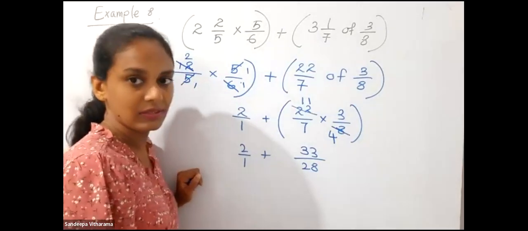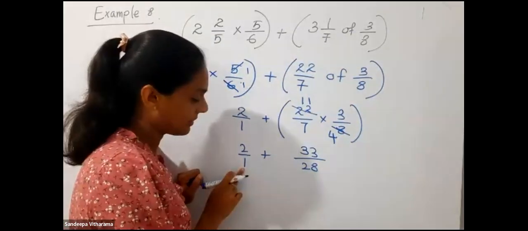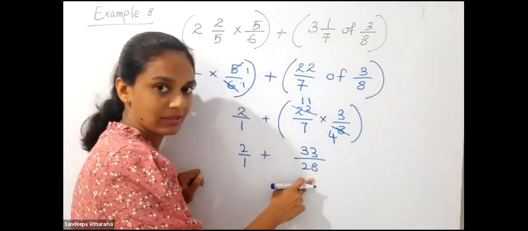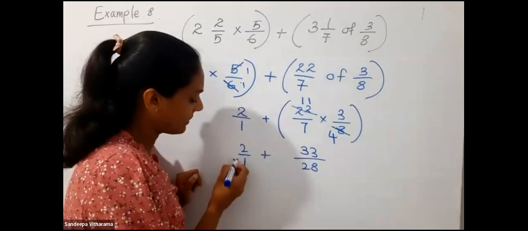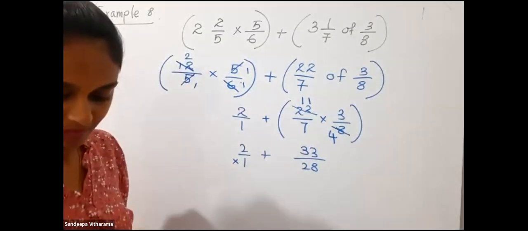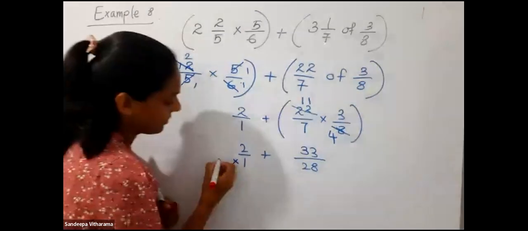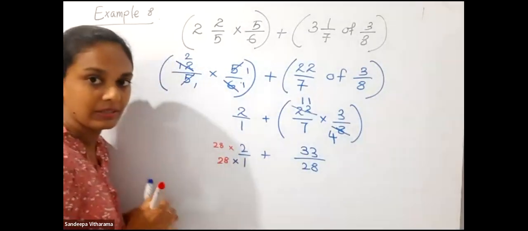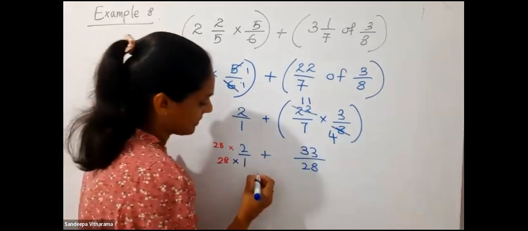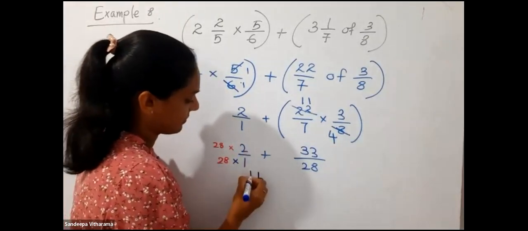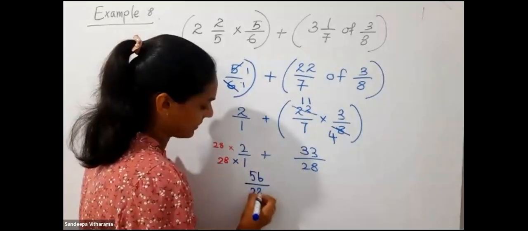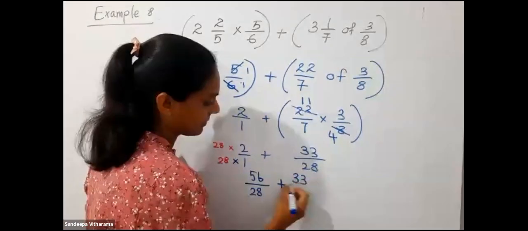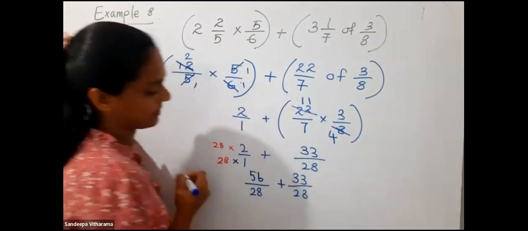Okay. Then after, here the denominator is 1. Here the denominator is 28. So to convert this denominator to 28, you can multiply it by 28. So multiply this also by 28. It is 56 upon 28 and 33 upon 28.